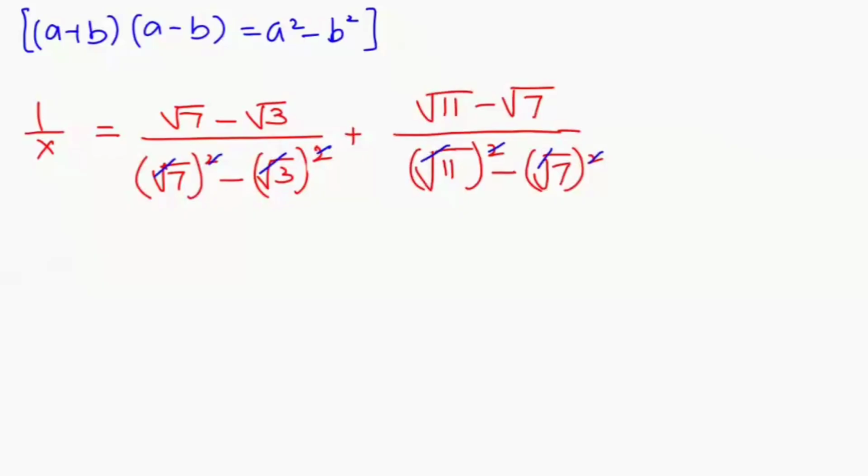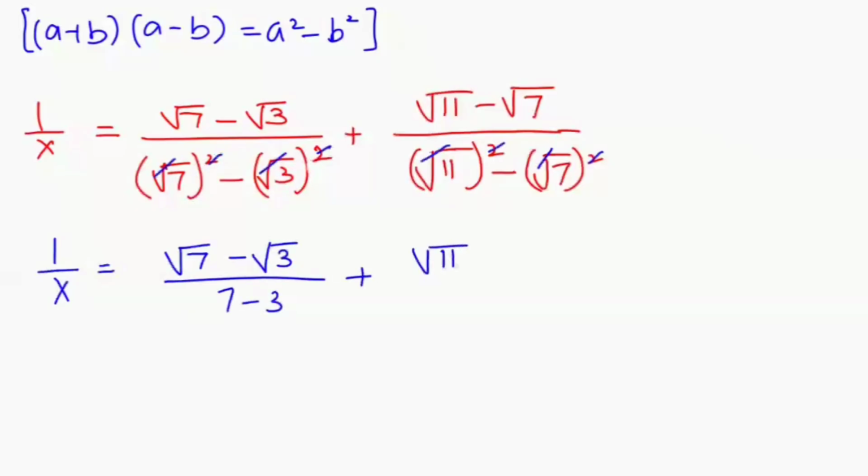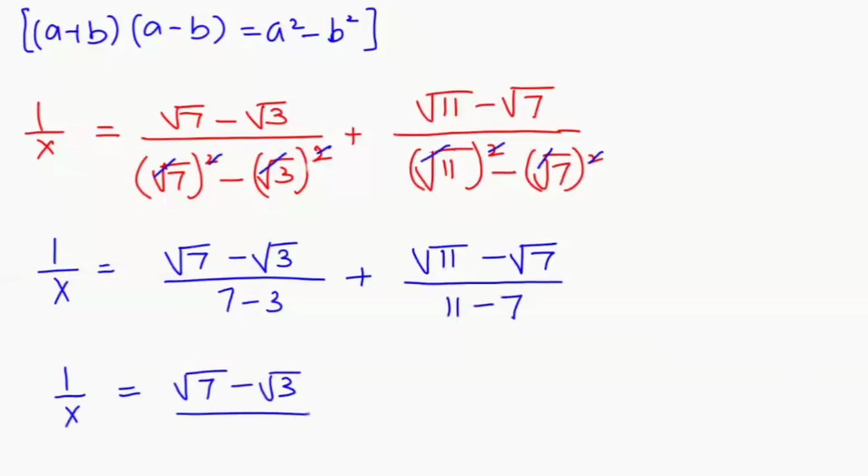So the next expression we'll get here, that is 1 over x is equal to root of 7 minus root of 3 over 7 minus 3, plus root of 11 minus root of 7 over 11 minus 7. So this will turn to 1 over x is equal to root of 7 minus root of 3 over 4 remaining, plus root of 11 minus root of 7.